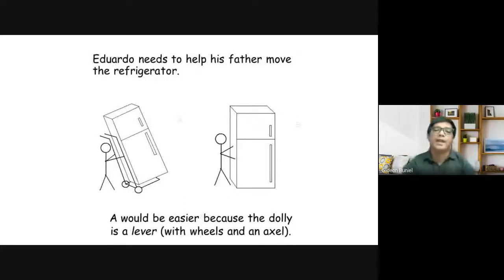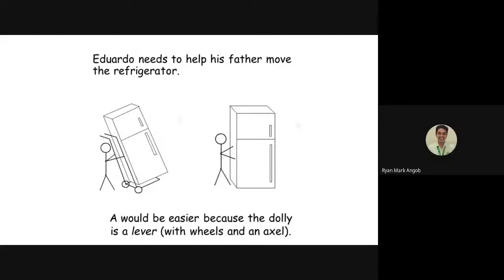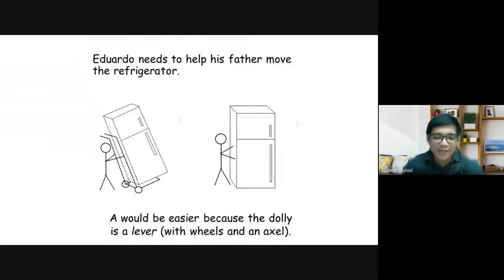Now, Eduardo needs to help his father move the refrigerator. What do you think is much better, letter A or letter B? Of course, it's letter A. Letter A would be easier because the dolly is a lever with wheels and axle.